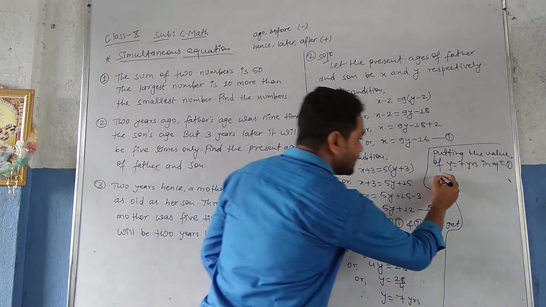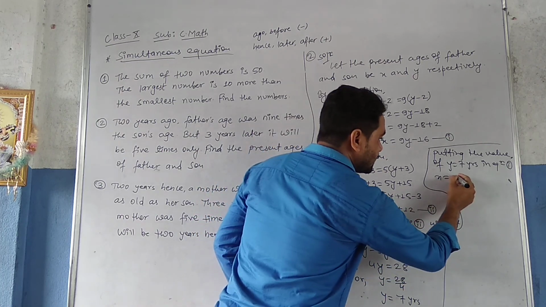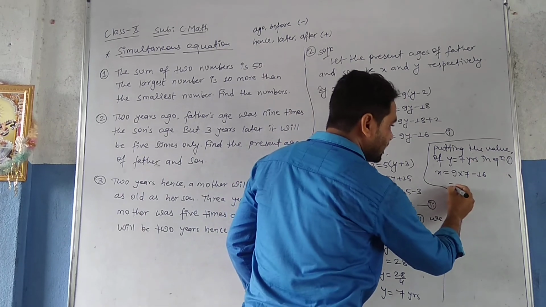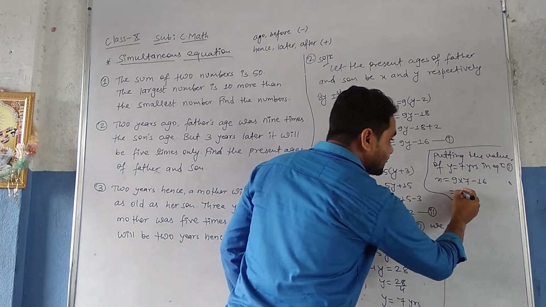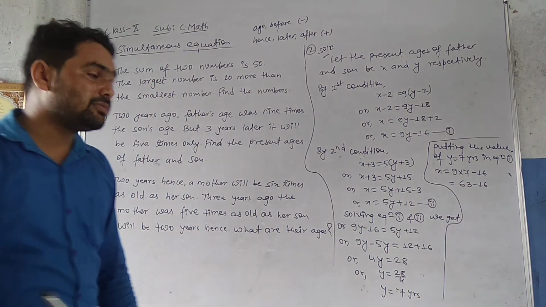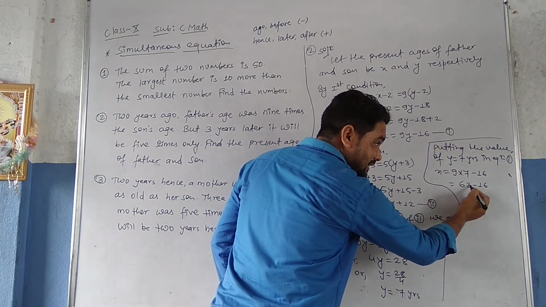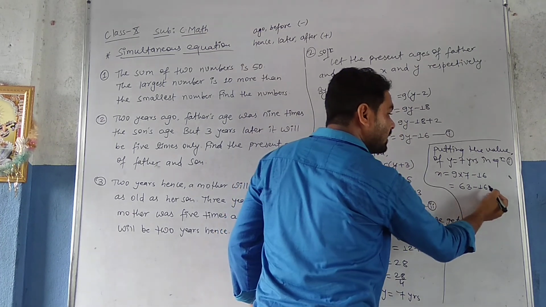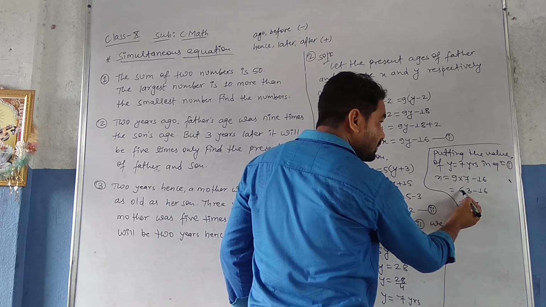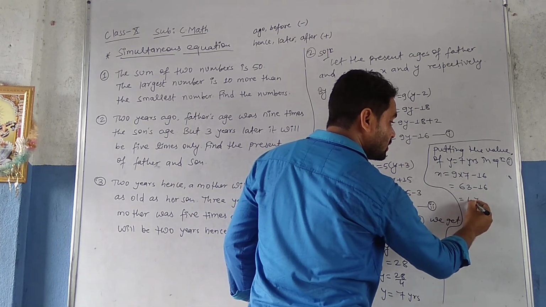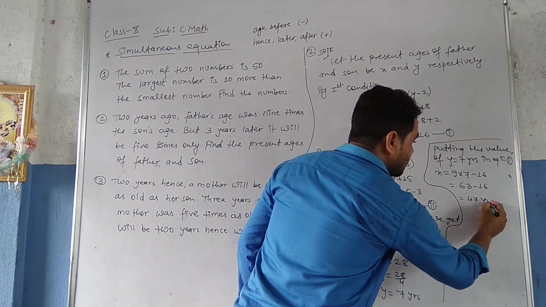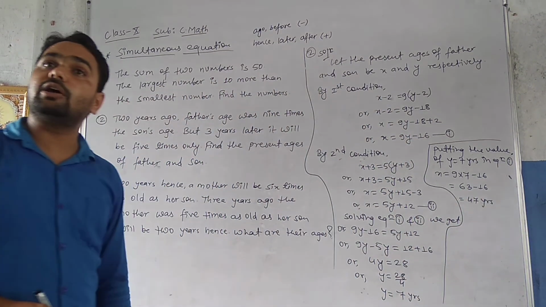We get x equals 9 into 7 minus 16. 9 sevens are 63, minus 16. Now 63 minus 16 gives 47. 47 years, that is the value of x.